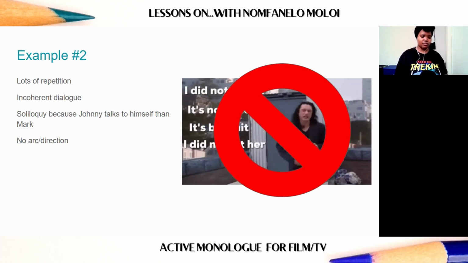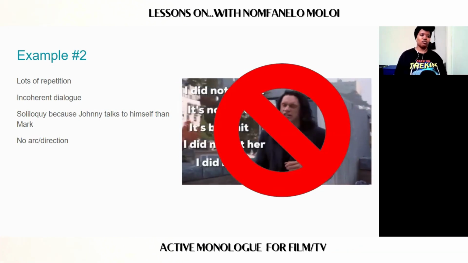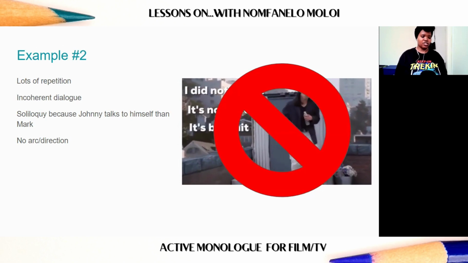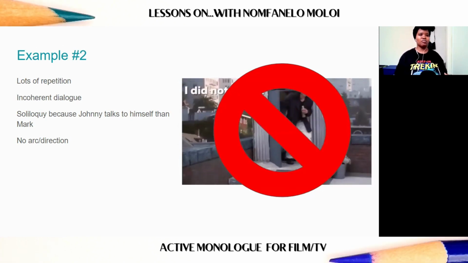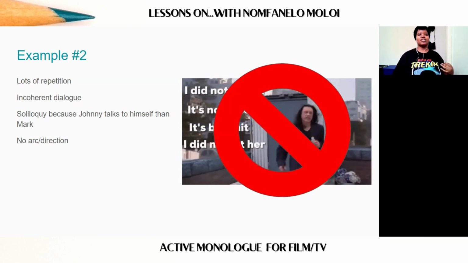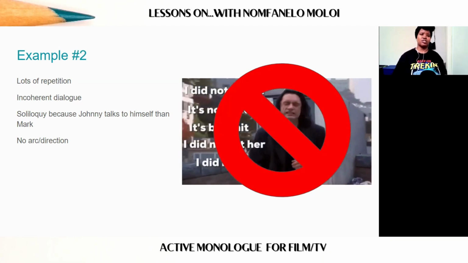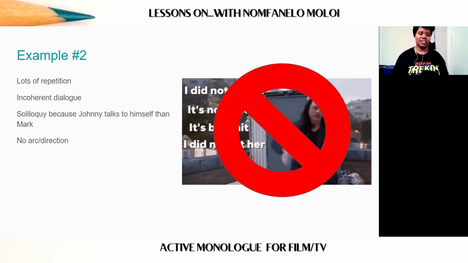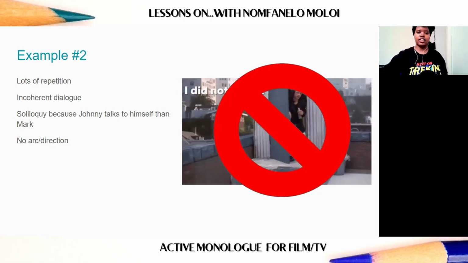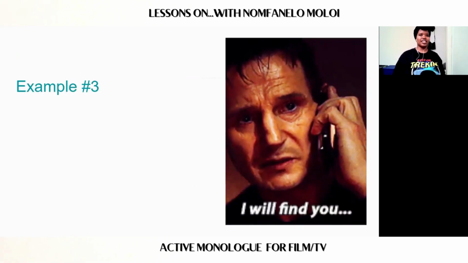There's no direction, because it's more like a mini rant, but he's speaking to himself rather than speaking to Mark, which I think was the intention, but he did not. And last example, let's look at Taken.